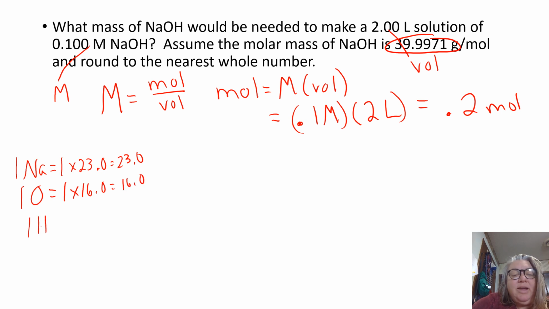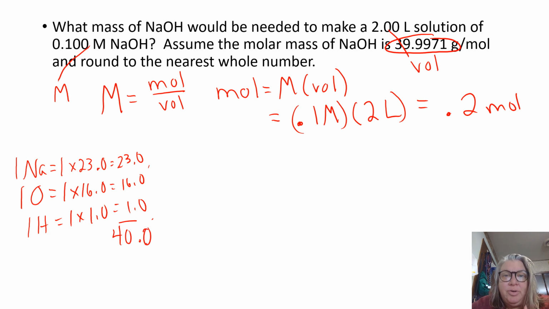And there's 1 hydrogen, which is 1 times 1. So when I add these all together, I get 40, but that's only because I did a little bit of rounding. Since they actually gave us the molar mass, we'll go ahead and use the one they gave to us, but that's where that number came from.